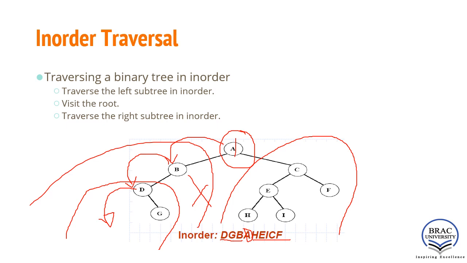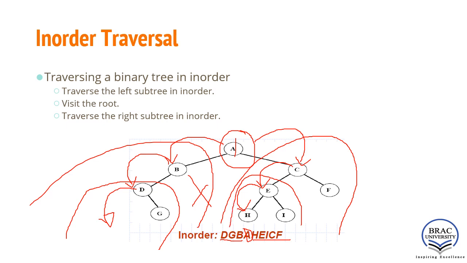Using in-order traversal, at first we go to the root of this subtree, that is C, but no, we don't visit C. Rather, we search whether there is any left subtree of C. Yes, there's a left subtree, that is E. So should we visit E or not? No, because E also has a left child, that is H. So we need to visit this subtree first.